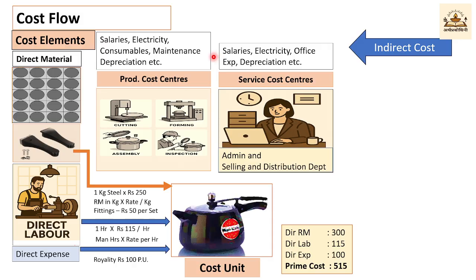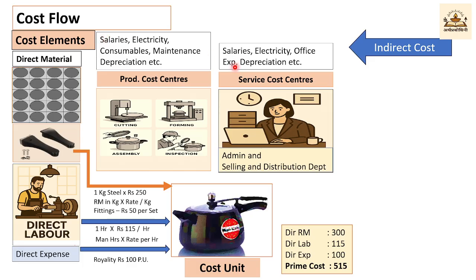Now, the question is, how will these indirect expenses be captured in the final product? First, all indirect expenses are captured in the respective cost centers, that is, production cost centers and service cost centers. So the salaries paid to the production supervisor will get captured in the production cost center.